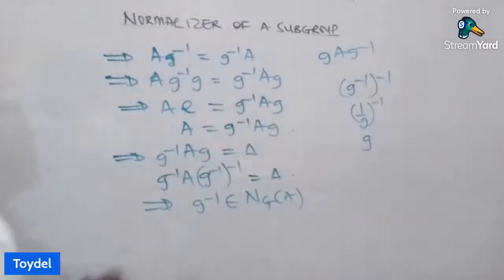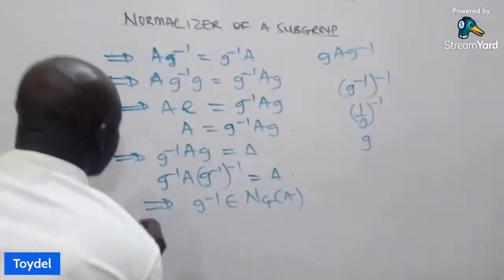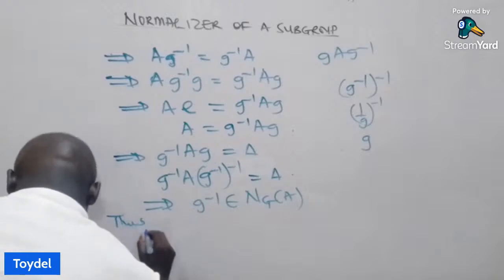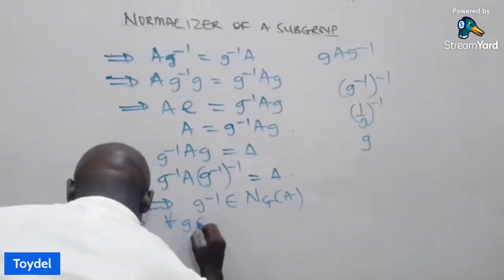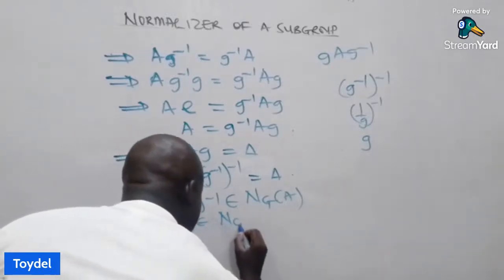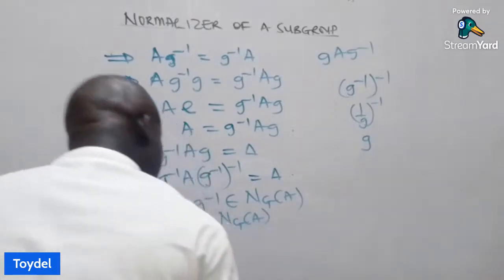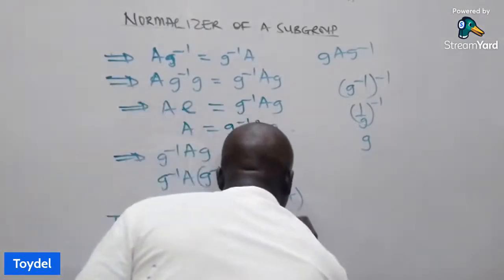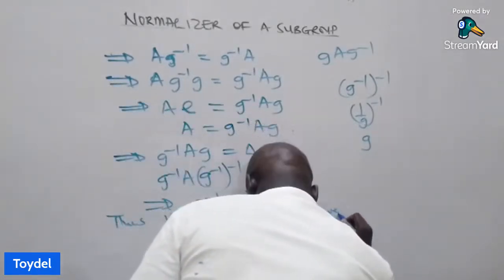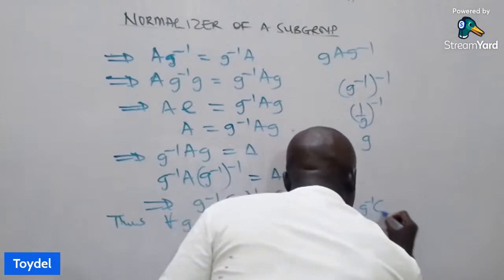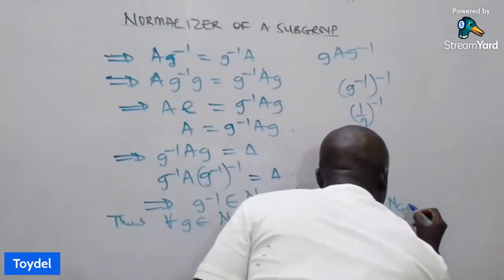That's what we are trying to rewrite, and we have been able to do that. We can now conclude that, for all G that belongs to the normalizer of the subgroup, the inverse G inverse actually belongs to the normalizer of the subgroup.